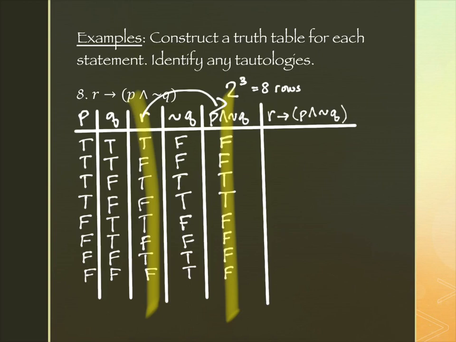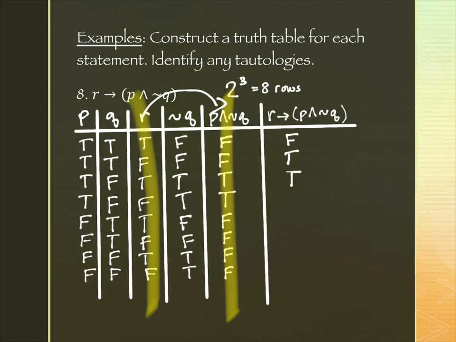So the first row says true implies false. That's my one false statement, the only way that it can be false, in fact. Now the next one starts out false. So false implies false is true. The third one is true implies true. True.